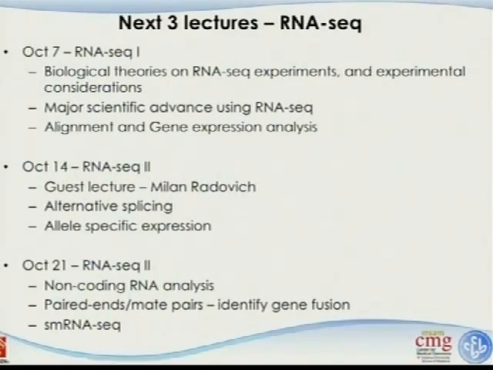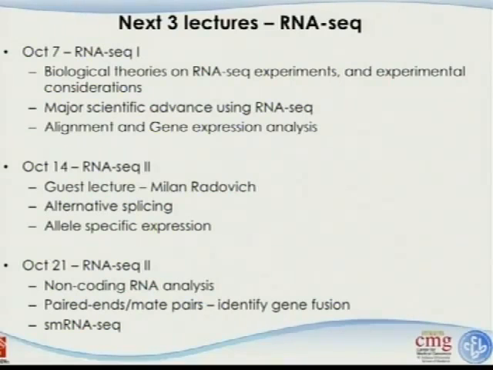Okay. For the next 3 lectures, we are going to talk about the RNA sequencing experiment. For the first one, which is next week, we'll talk about the biological theories on RNA sequencing experiments and experimental considerations. And we'll summarize some of the things that we cannot do without RNA sequencing, just based on array-based approaches.